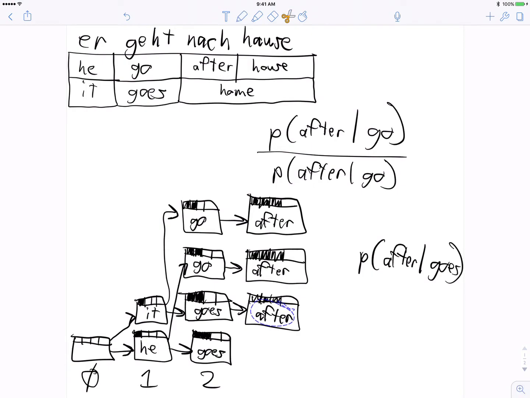Probability of after given goes. What about down here? What is the probability of after given goes?